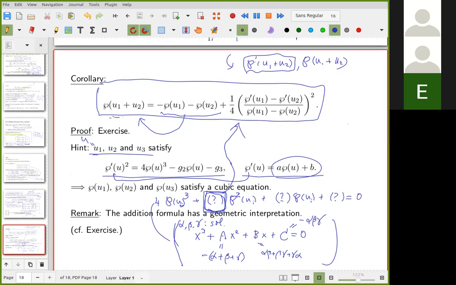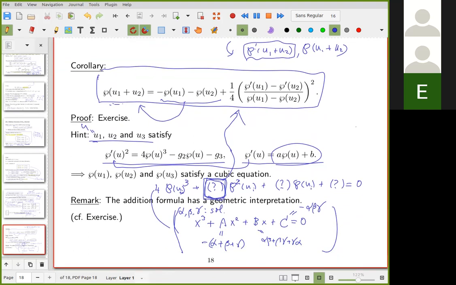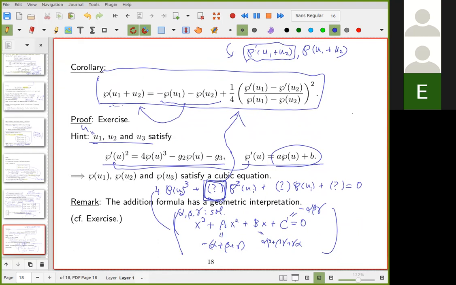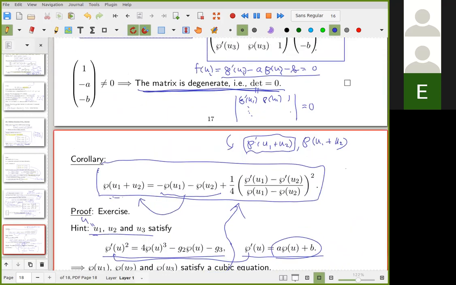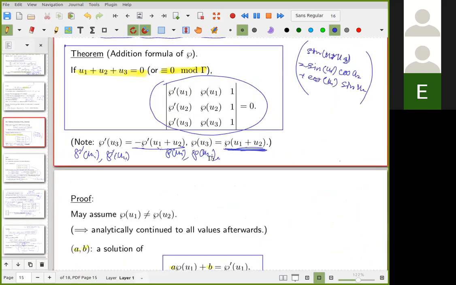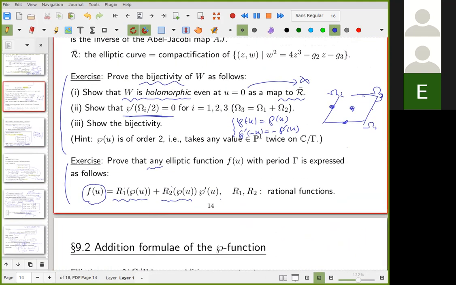So these are fundamental properties of the Weierstrass function. And actually, thanks to this addition formula for P and the fact that P and P prime express any elliptic function of u in this way, we can deduce that any elliptic function has an addition formula.